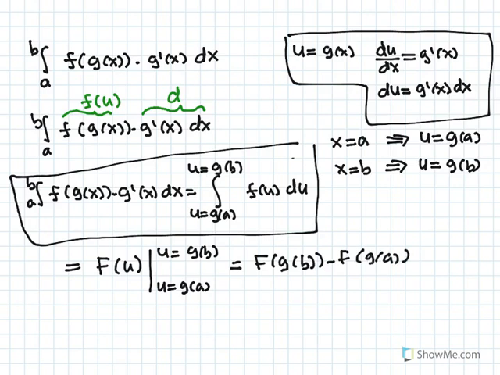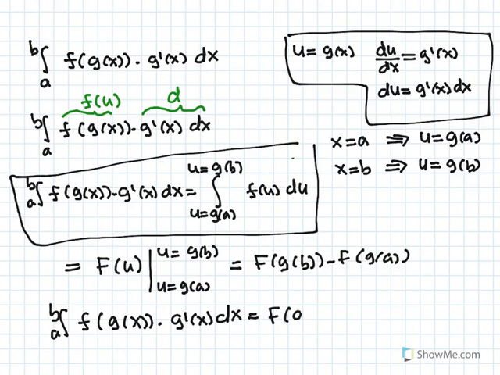So what we have shown is that the integral from a to b of f of g of x times g prime of x dx is equal to capital F of g of b minus capital F of g of a.